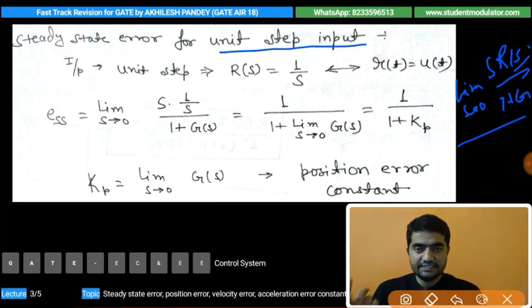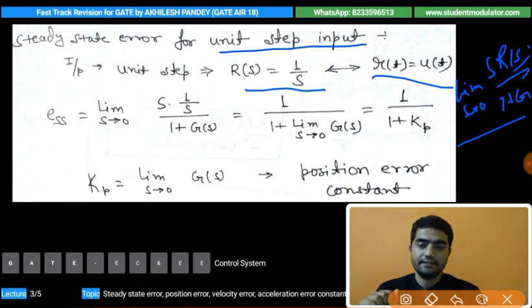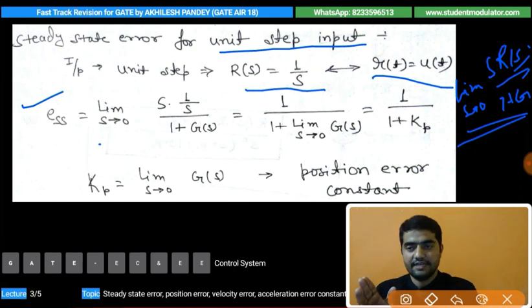Suppose the input is unit step, it means Rs equals 1 by s, correct? Because rt is ut, unit step, so in Laplace transform we can write Rs equals 1 by s. Now ess equals limit s tends to 0, this is the formula, of Rs upon 1 plus Gs. So instead of Rs we will put 1 by s and the remaining will be the same.